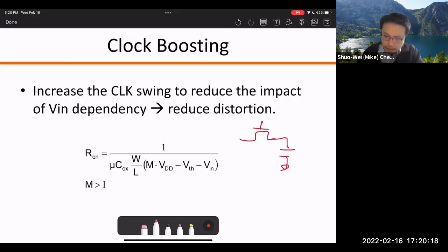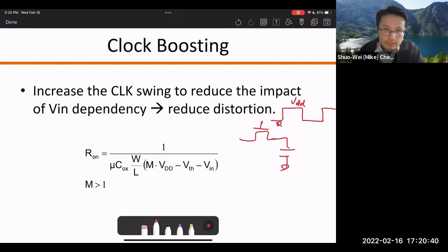Before, the gate voltage to the switch is usually between 0 to VDD, because that's usually the power supply that we have. If VDD is 5 volts, that's 0 to 5 volts.